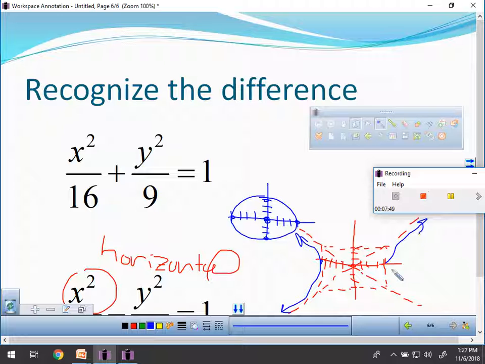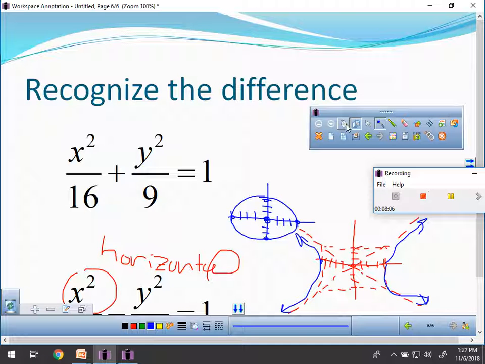And so that would be my answer for that shape. That would be my sketch for my drawing. Now my pen is doing very poorly, but that would be the sketch for that drawing right there. And that would be my hyperbola. So being able to recognize the difference, that's key.